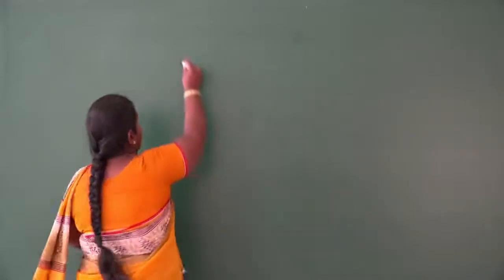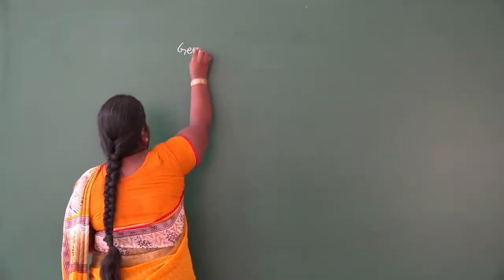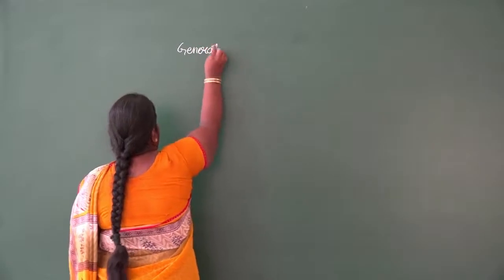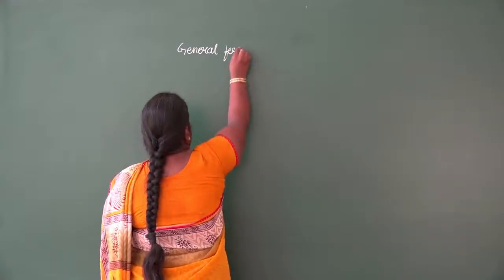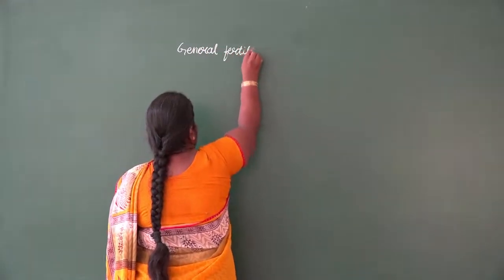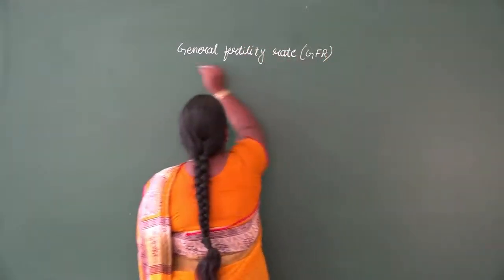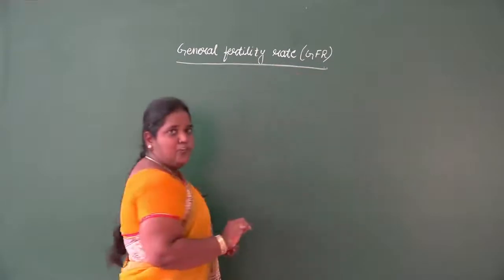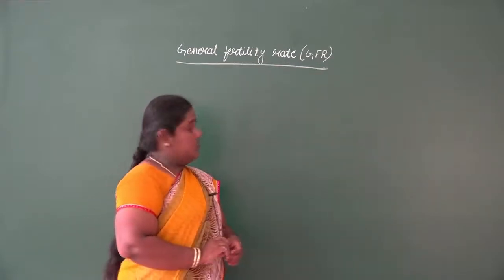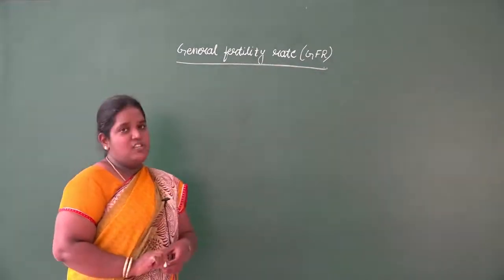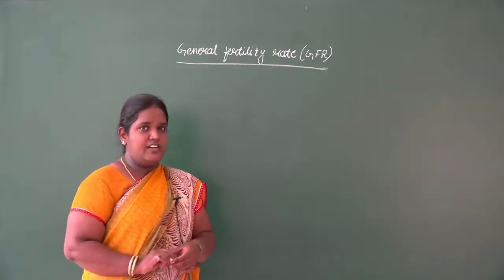Okay, the next fertility rate is the general fertility rate. So first we had studied about the crude birth rate. Now we'll be studying about the general fertility rate. So in the crude birth rate, we were considering the complete population, both male and female population, but here we'll be studying regarding the fertility.